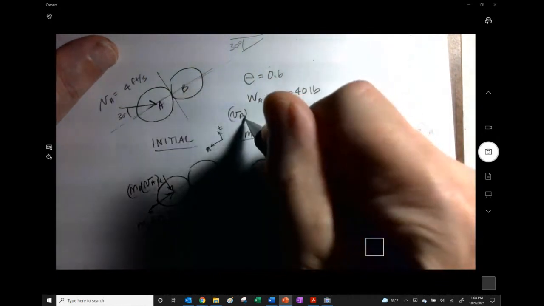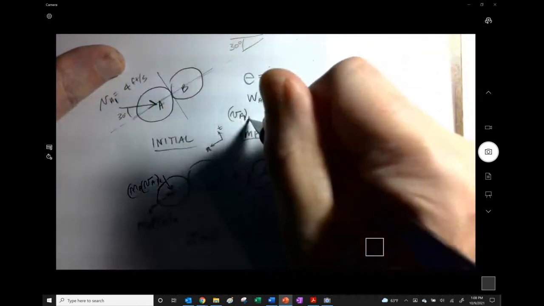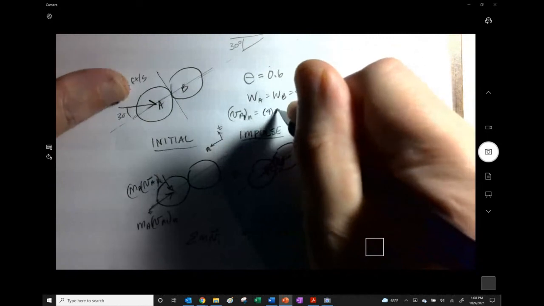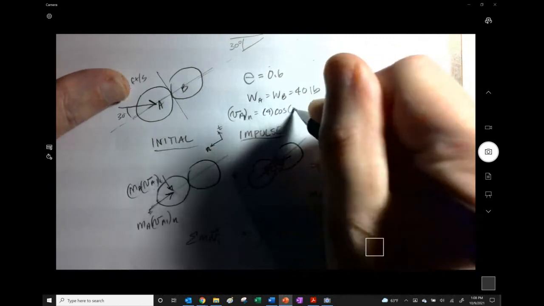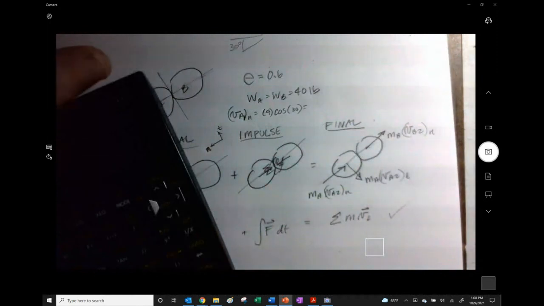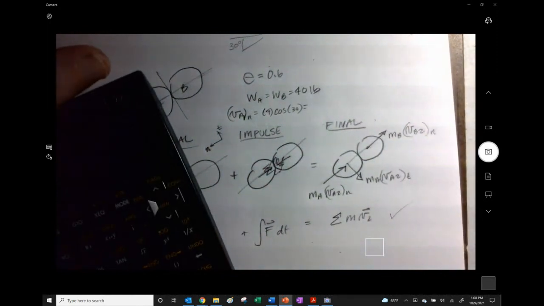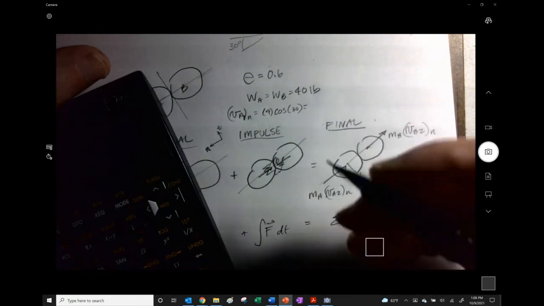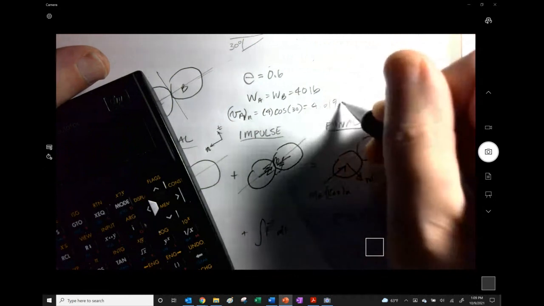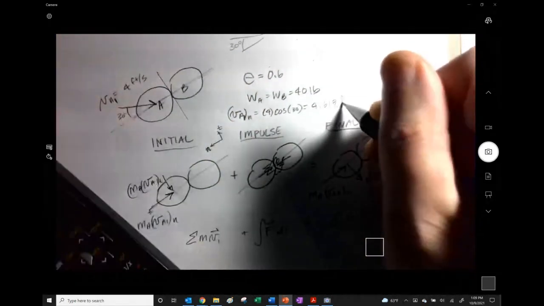So velocity of A1 in the normal direction is going to be 4 times the cosine of 30 degrees, so that should be 4.619 feet per second.